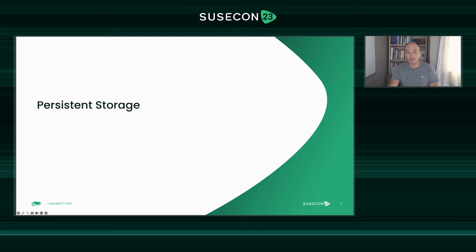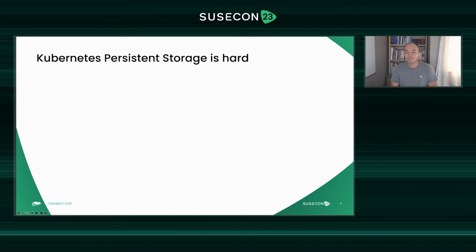So let's talk about persistent storage. I just want to put a conclusion there: Kubernetes persistent storage is hard. The reason goes back to the history of Kubernetes. Kubernetes was initially designed to cater only to stateless workloads.